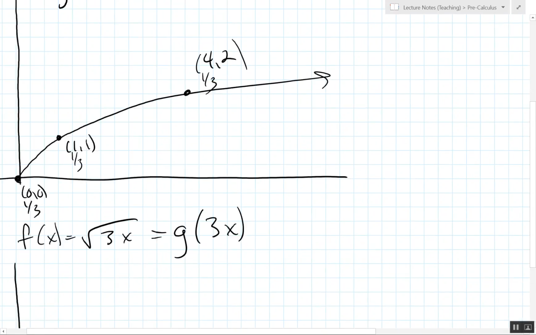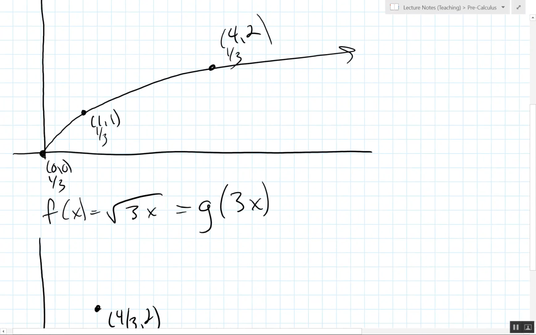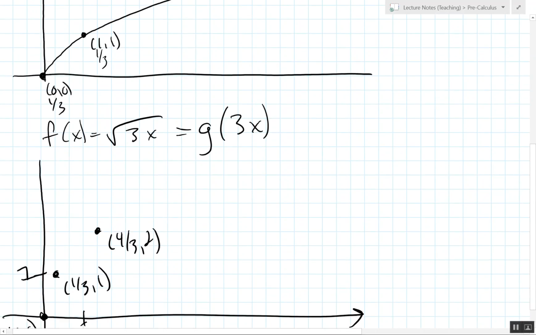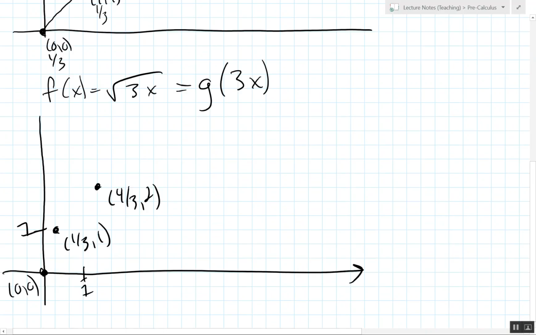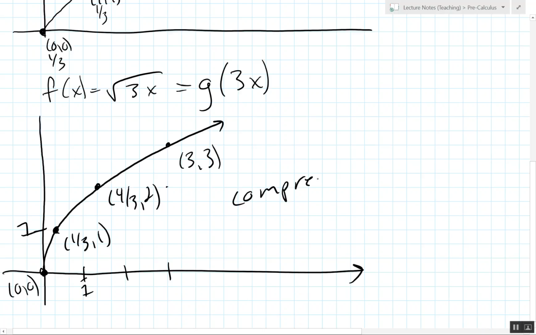And then I didn't draw it up here, but there's a point way out here, 9, 3, which we can change to 3, 3. So this point is also on the graph. And then we draw, and notice that we compressed the graph horizontally.